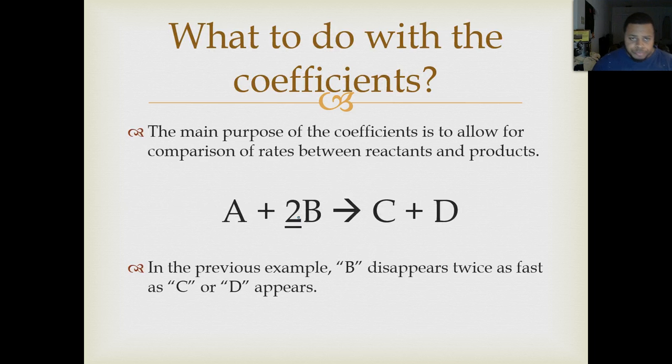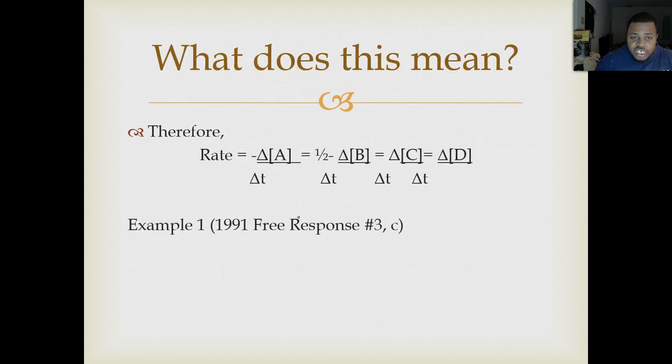Now, what do we do with the coefficients? The coefficients help us understand how the rates compare between the compounds. In the situation we're dealing with here, B is going to disappear twice as fast as C or D appears. So if we're making comparisons between those, we can make the adjustment.